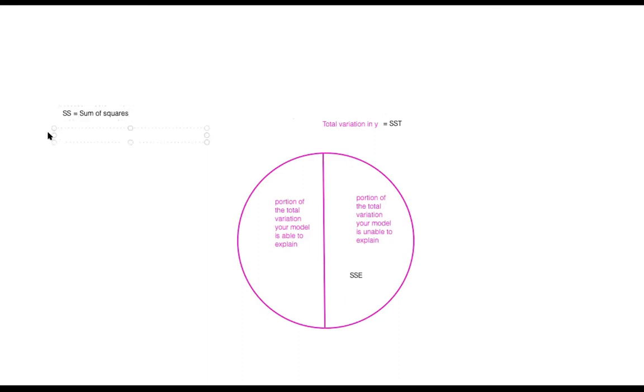Sum of squares, SST, I already wrote it on the previous page. It is simply yi minus y bar, square it, and then add it together.